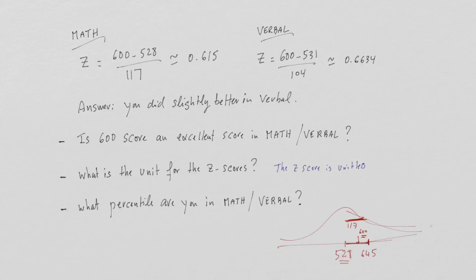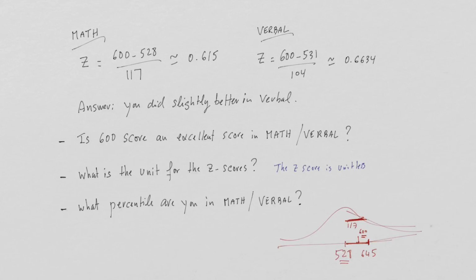Okay. This one I'm not going to answer. I just want to ask you to think about it. What percentile are you in math and verbal? So you're talking about you who got 600. Your z-score is 0.615 and 0.66. That's one of the questions we're going to answer later. What percentile? Are you in the top 30th? Are you in the 70th percentile?